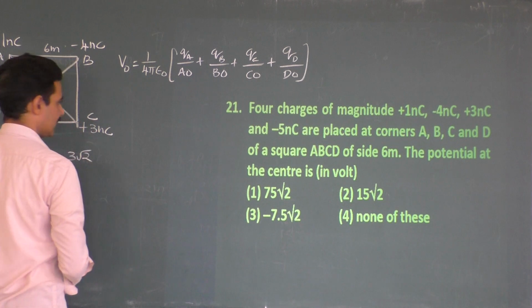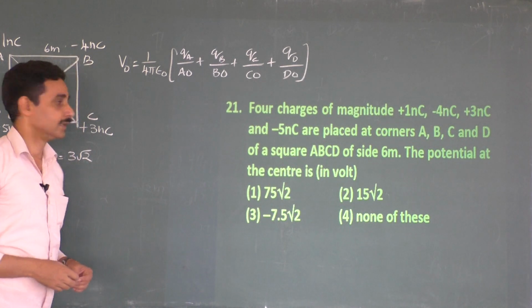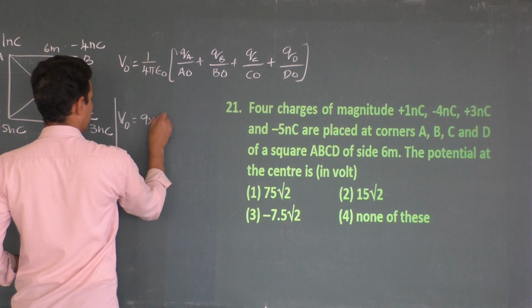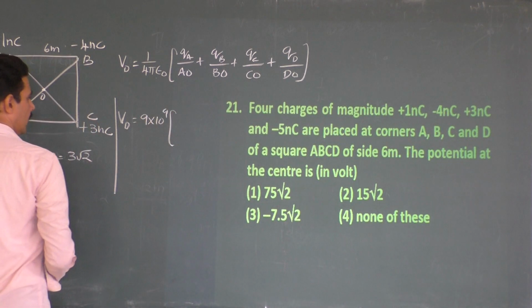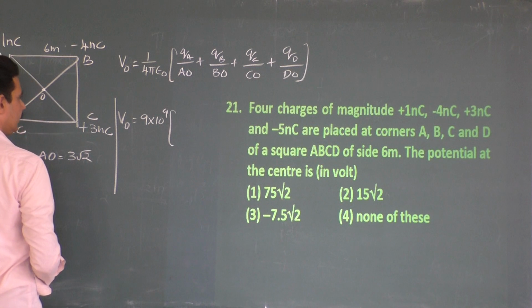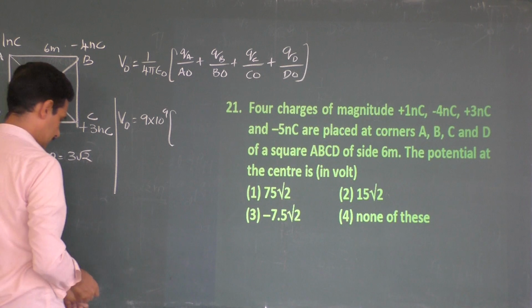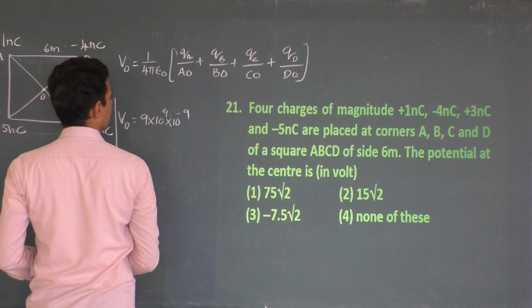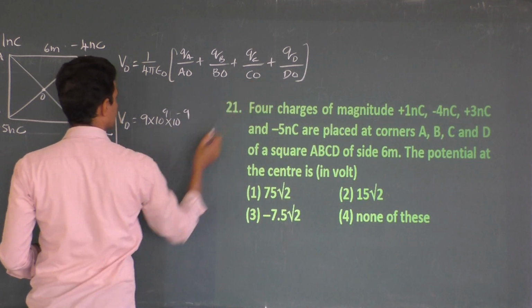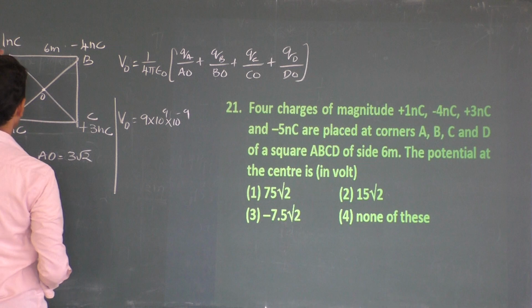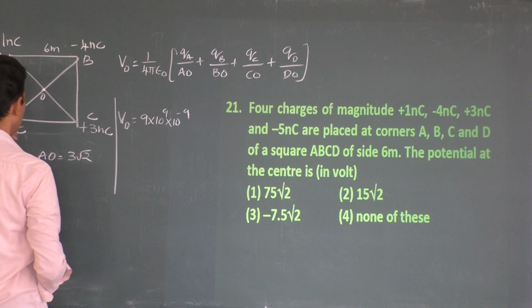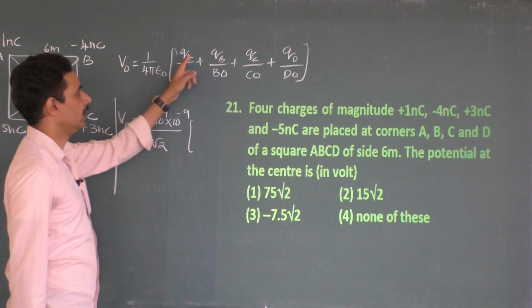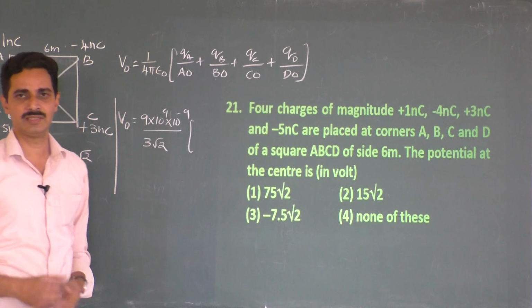So V naught is equal to 9 into 10 to the power 9 into 10 to the power minus 9, since every nano comes outside, and AO, BO, CO, DO are common, 3 root 2, and inside the bracket QA plus QB plus QC plus QD is the only thing remaining.